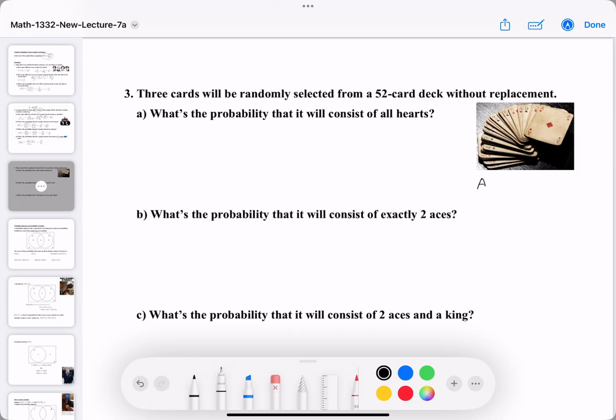For the ace, we have heart, diamond, spade, and club.